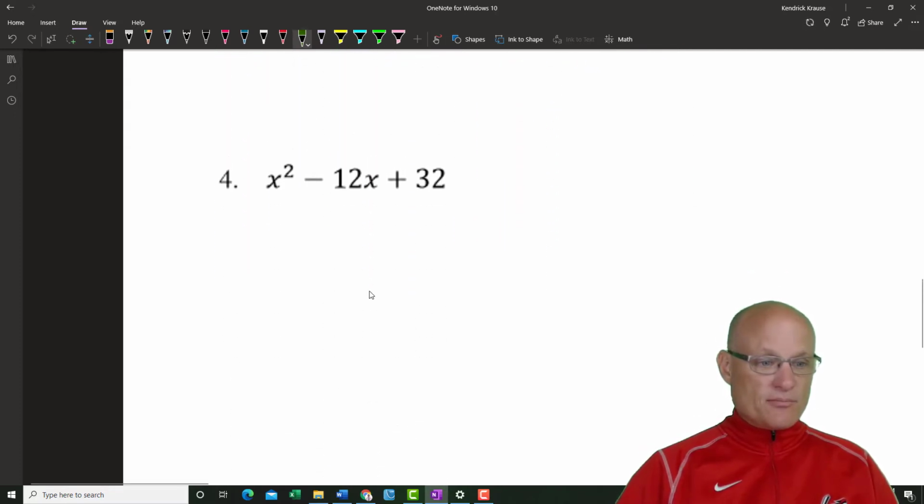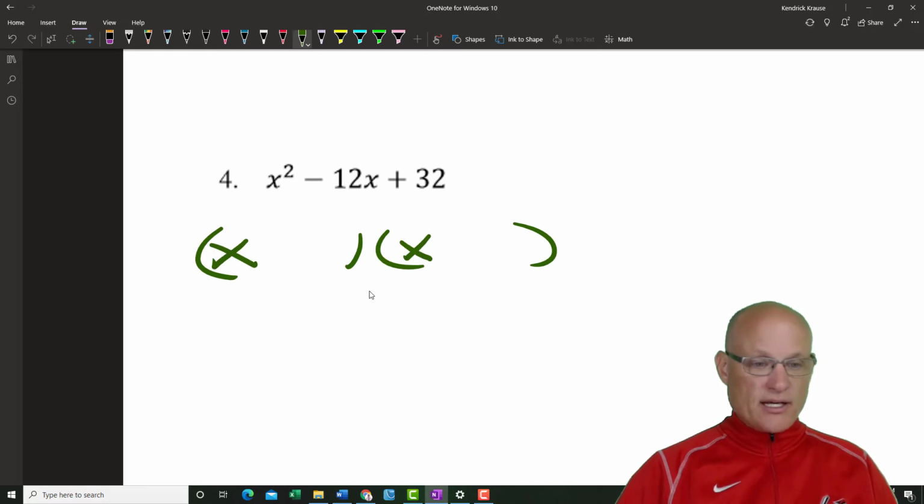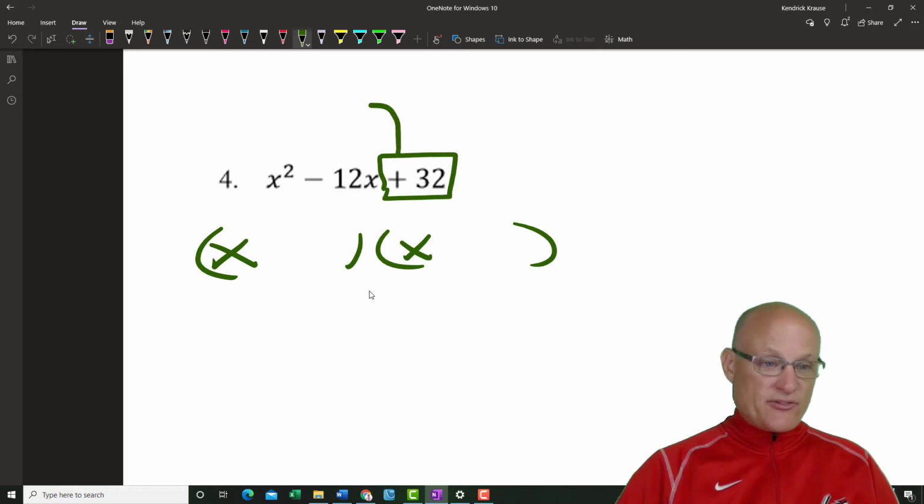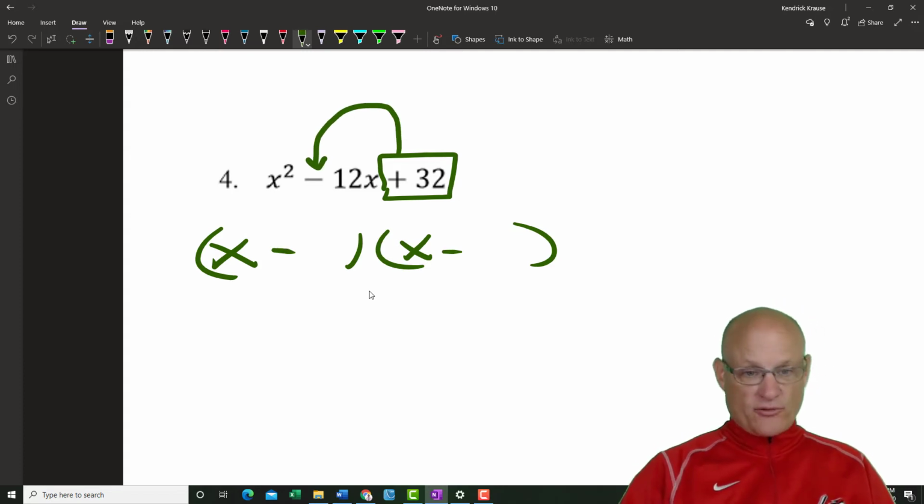All right, x and x. Notice they're positive. It's positive 32. So that means the signs are going to be the same, and they're both going to be negative. That's how that works. So now I've got to come up with all the ways to multiply to positive 32.